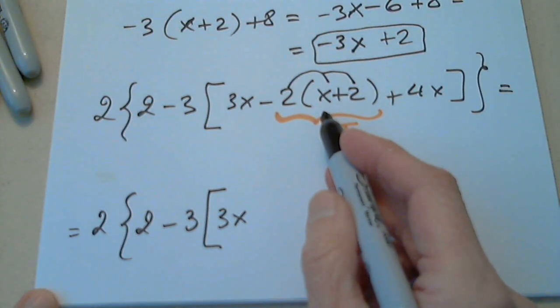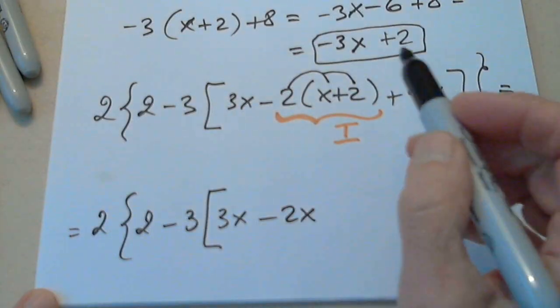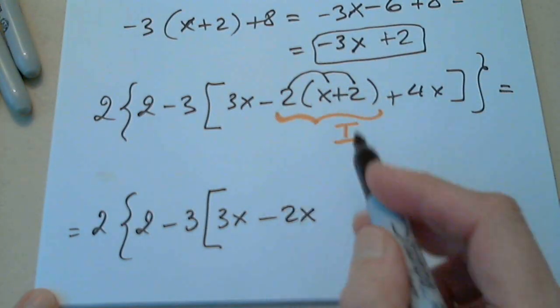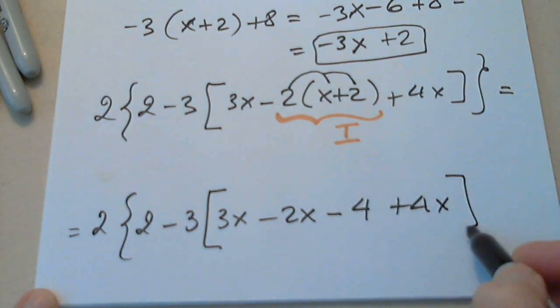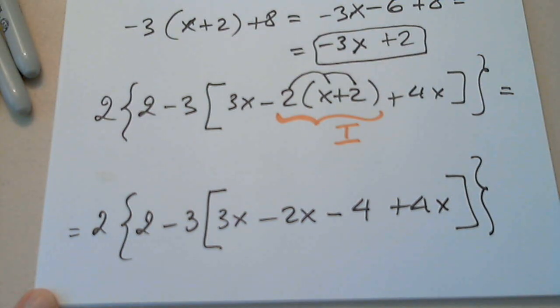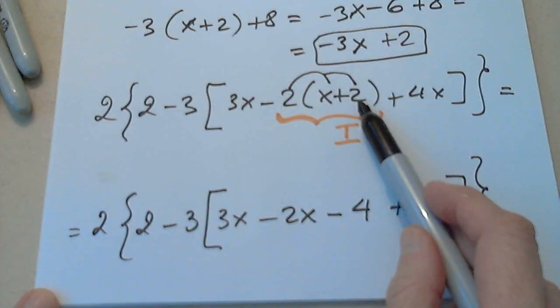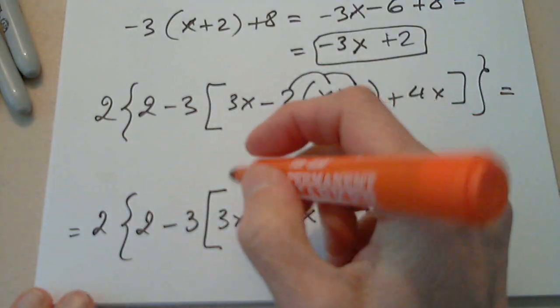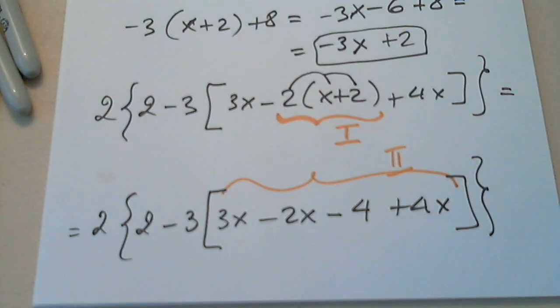We are distributing negative 2 to x and to 2: negative 2x plus negative 4. Very good. We close the bracket. We close the braces. Perfect. The next step here is we have to fully combine like terms inside braces. That's our second step.